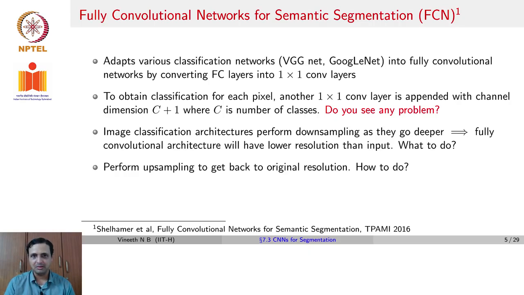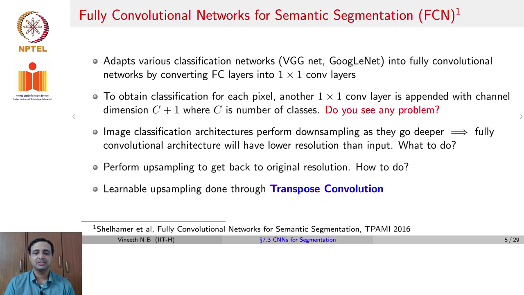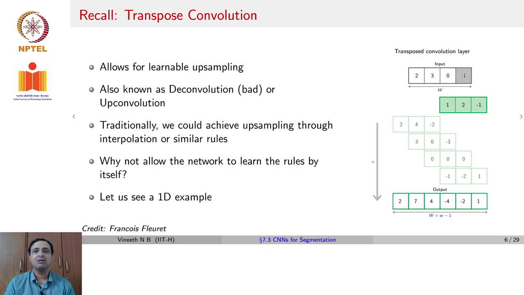How do we upsample? One of the methods that we have discussed before is transpose convolution. Let's quickly recall transpose convolution. This was the one-dimensional example we spoke about when we discussed convolutional neural networks, where your output can be larger than your input.